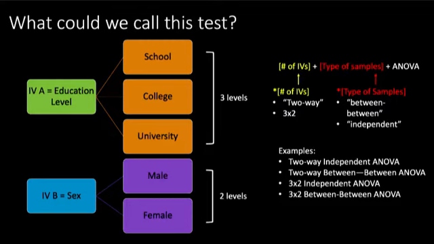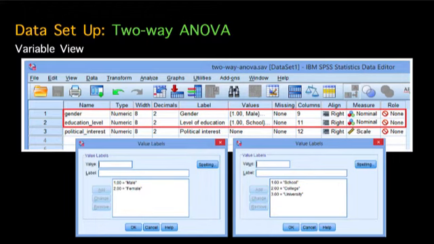Okay? So when we set up our data, it'll be very similar to a one-way ANOVA. But we're just going to have a second independent variable that we are going to list as our nominal factor. And then also similar to our one-way ANOVA, in the values column in our variable view, we need to indicate what values mean and what labels they are attached to.